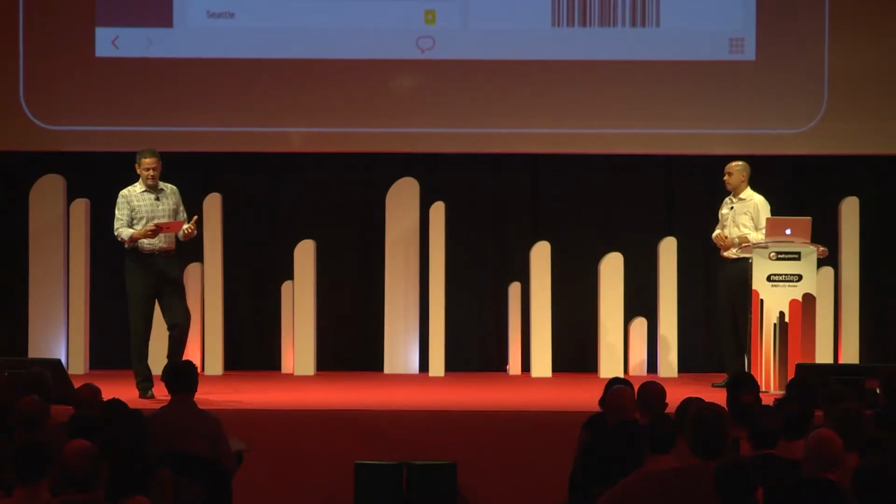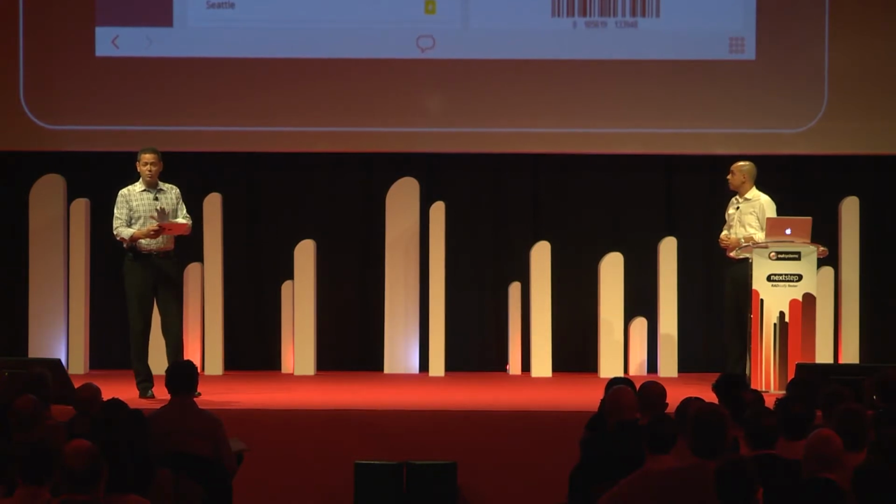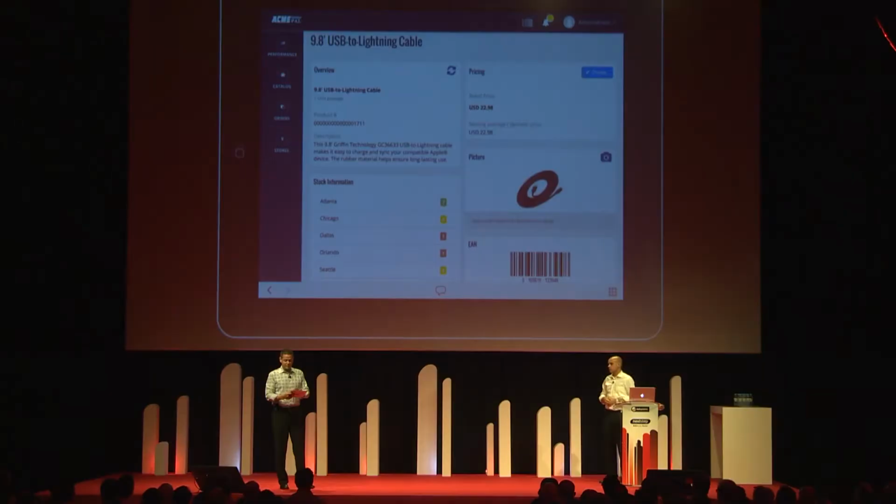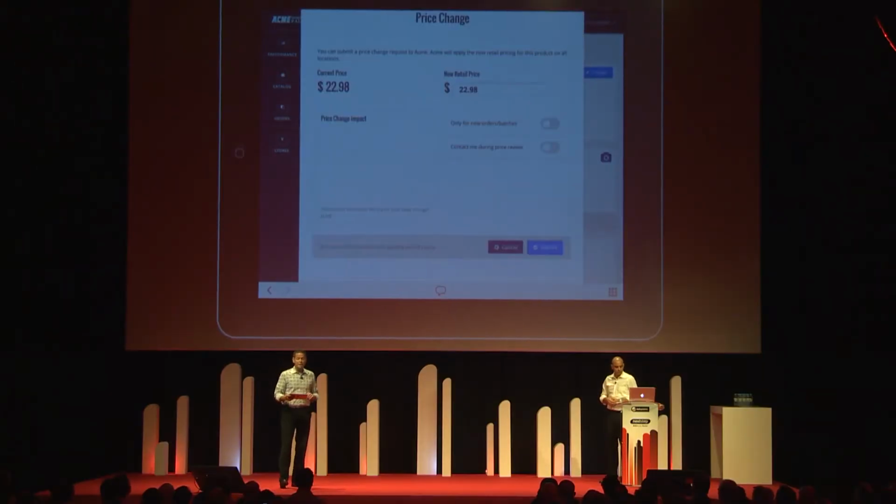I can see the different details on it, and you can see in the upper right-hand corner the pricing that is currently placed on this product. Now, we're going to be changing some of that through this. There's actually a change button in there already. So the price is $22.98.